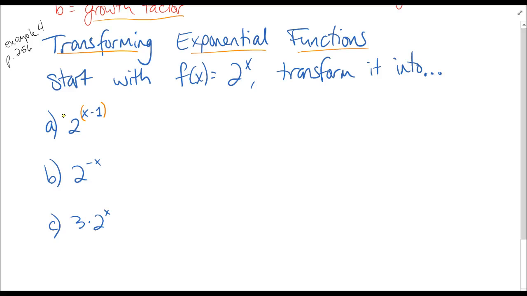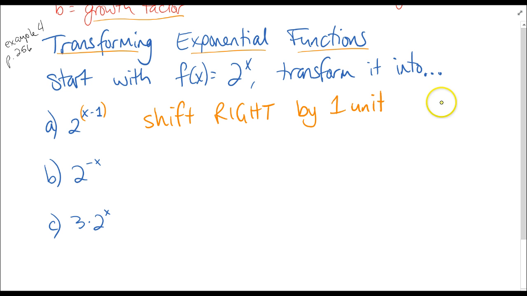And the shift goes in the opposite direction of the sign that you're seeing here. So 2 to the x minus 1 power would actually be a shift to the right, or the positive, by 1 unit. So if you have the original moving like this, now we pick up that whole thing and slide it over. Doesn't look like I slid it over, but this point is now over here.